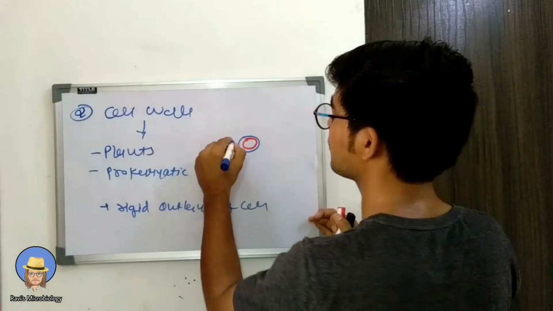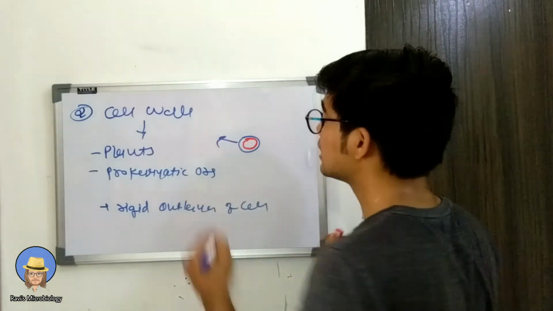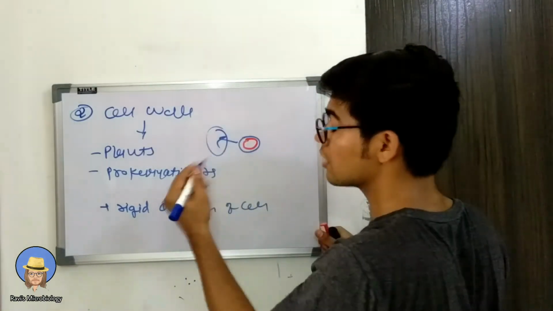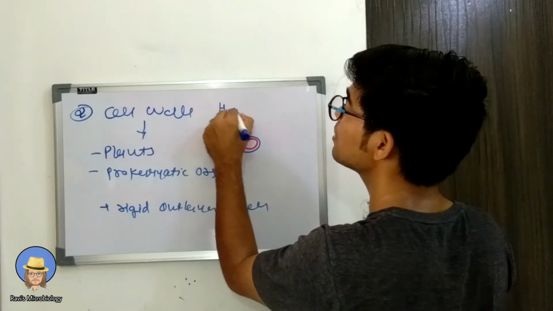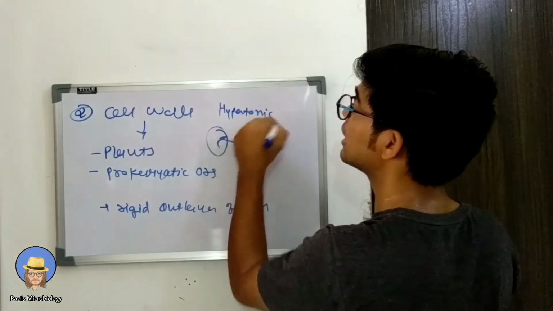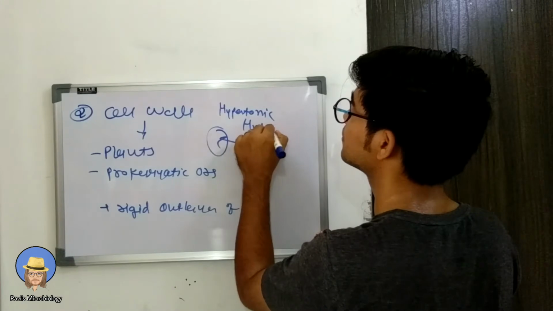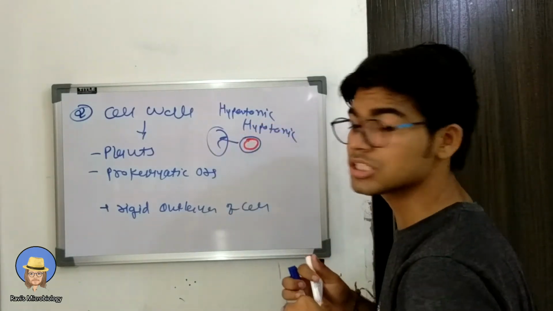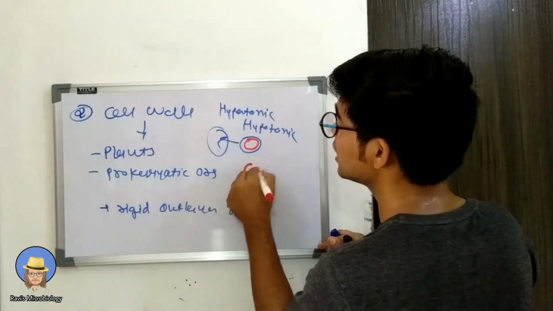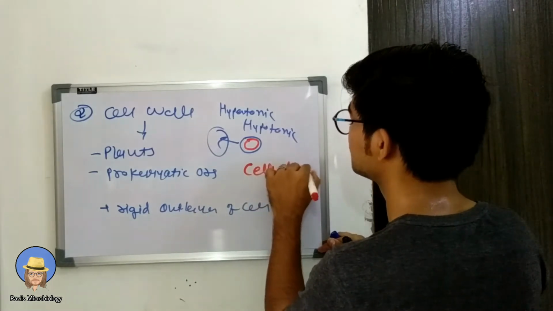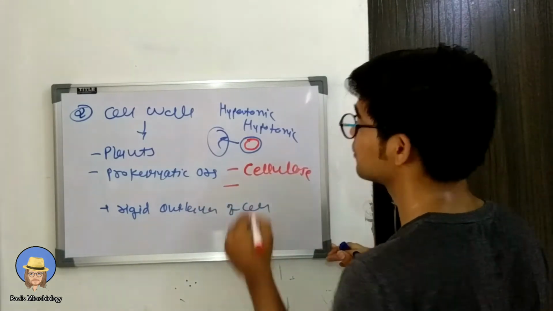It is very rigid. It gives protection against hypertonic and hypotonic environments. It is mostly made up of cellulose. In fungi, it is made up of chitin.